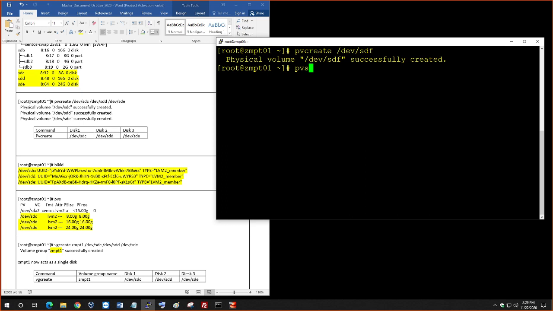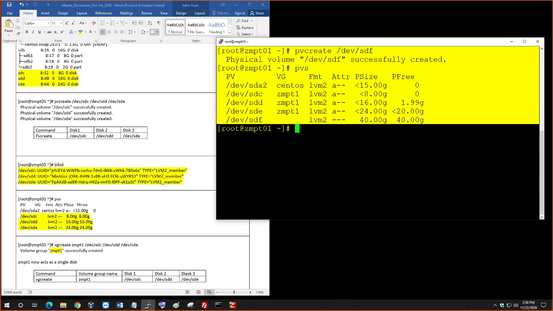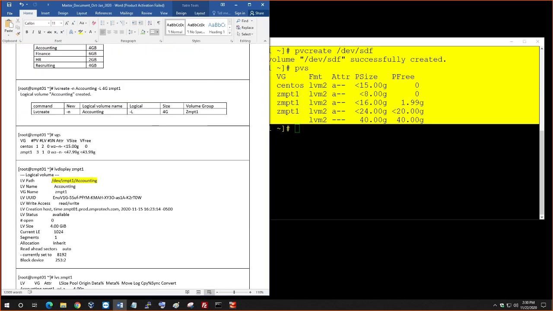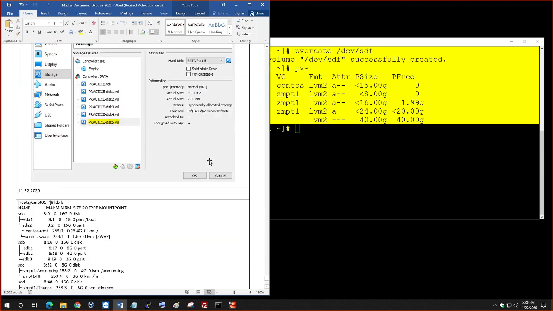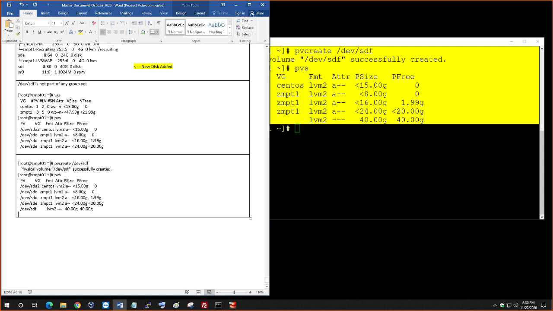So now if I run pvs, this volume has been readied to be used with LVM, but it's not part of any VG yet. It's formatted as LVM, but not part of a volume group yet.